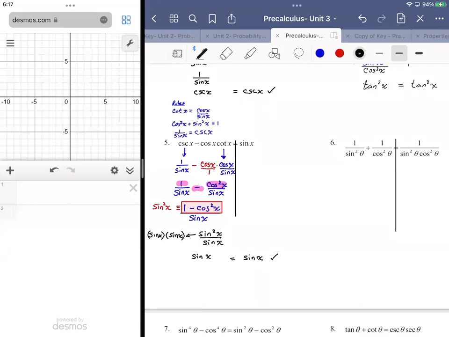It's kind of hard to tuck it in here, but if you write small, you can get it in there, but I'm going to rewrite. So top and bottom of the first fraction gets multiplied by cosine squared theta. Top and bottom of the second fraction gets multiplied by sine squared theta.